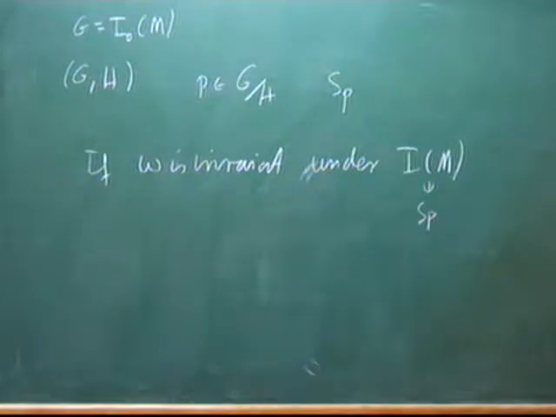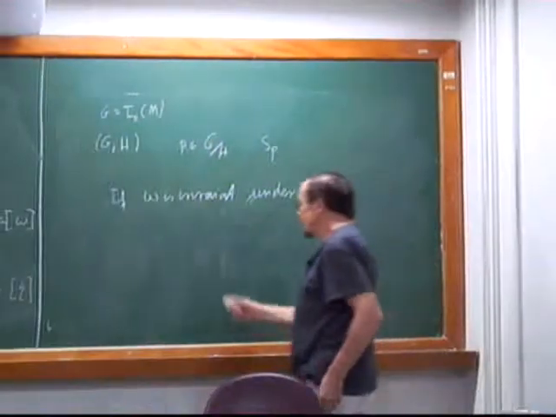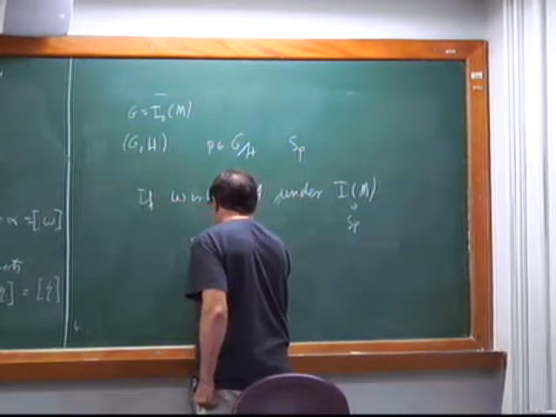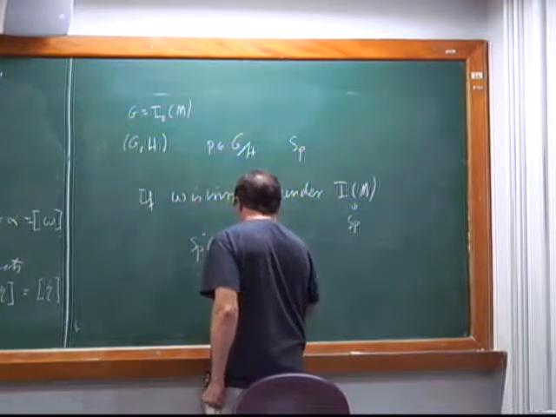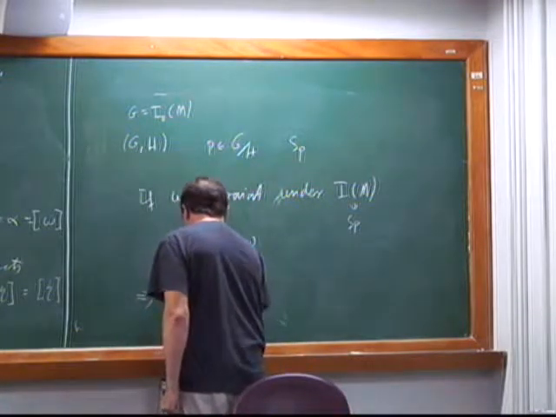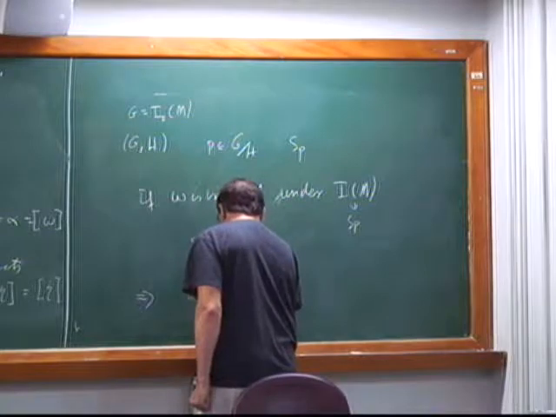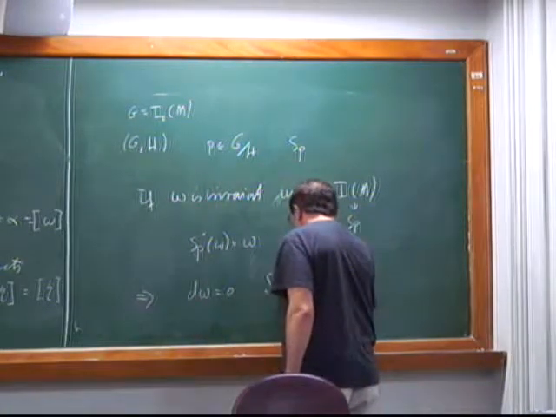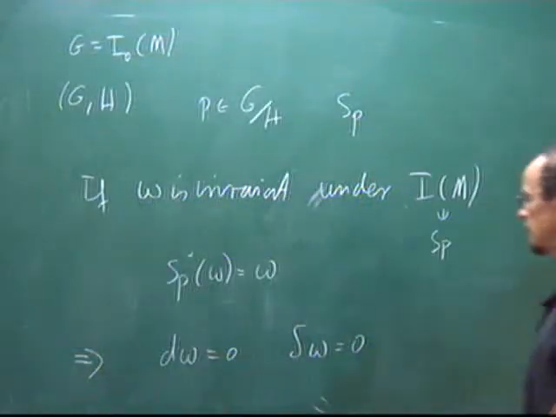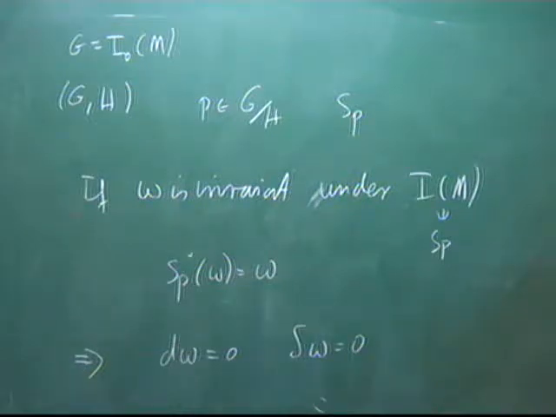So it would be invariant under symmetries. Well, I claim if that's the case, so if the symmetries pull back a form to itself, this implies very easily that omega is closed and co-closed. How would you do that?